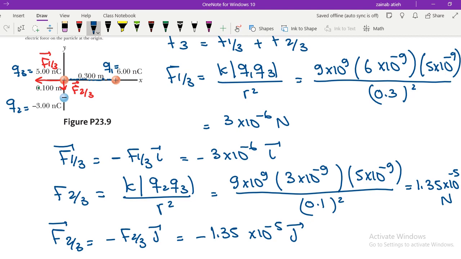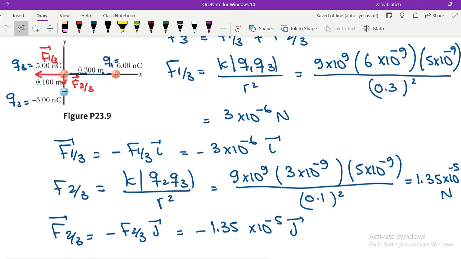Now I have F1 on 3 as a vector and F2 on 3 as a vector. Now I can add them in order to find the total force acting on Q3.